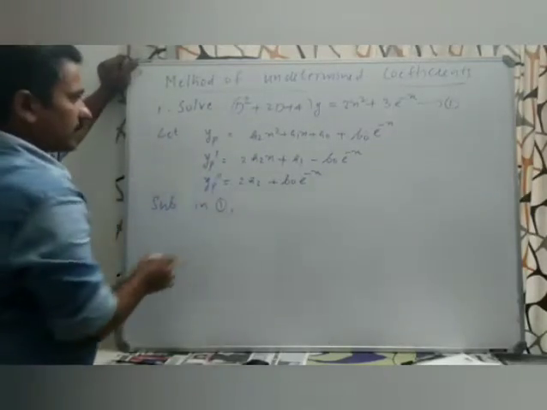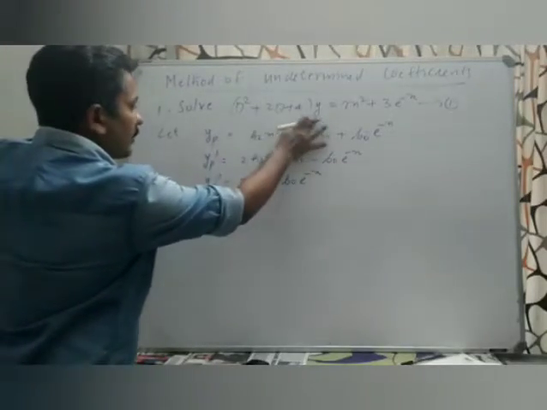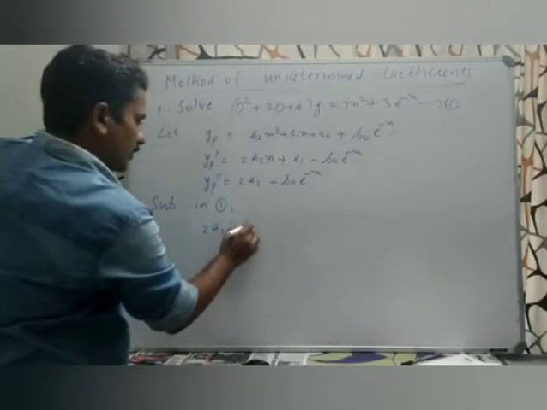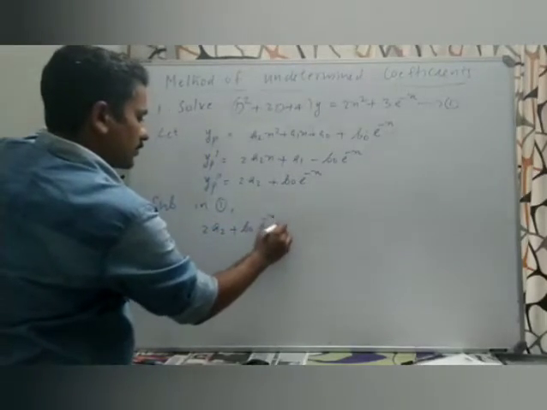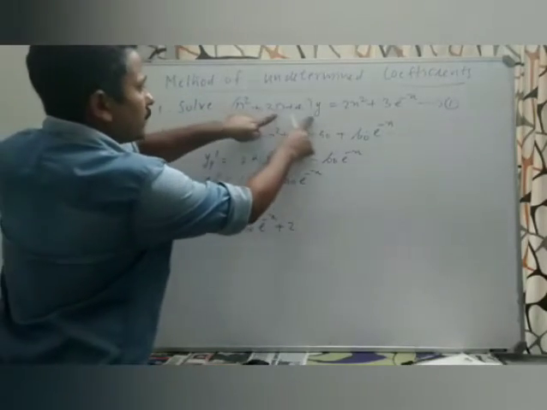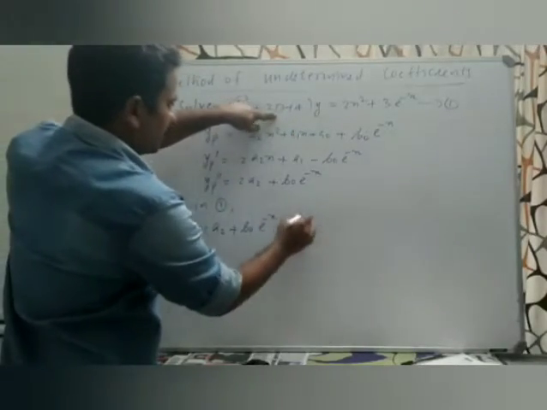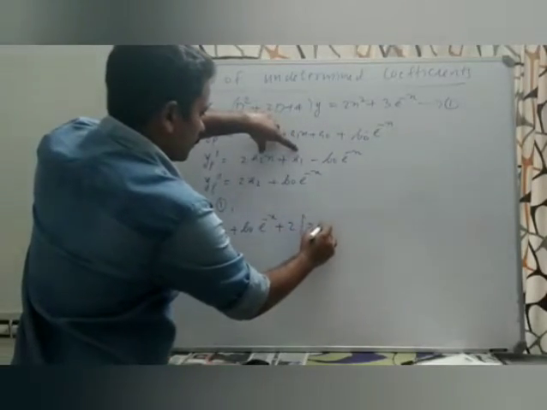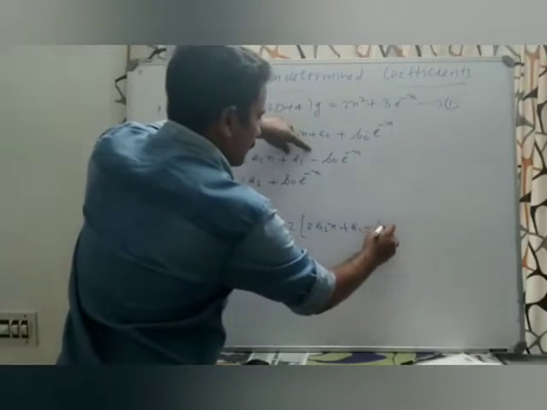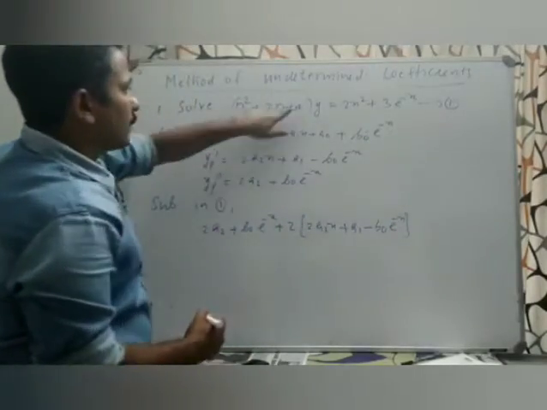Okay, substitute these three in equation 1, you'll get d square y, that is 2a2 plus b naught e to the power minus x, plus 2 times the derivative of y. The derivative of y is y dash, so 2 times this one: 2a2x plus a1 minus b naught e to the power minus x, plus 4 times y.